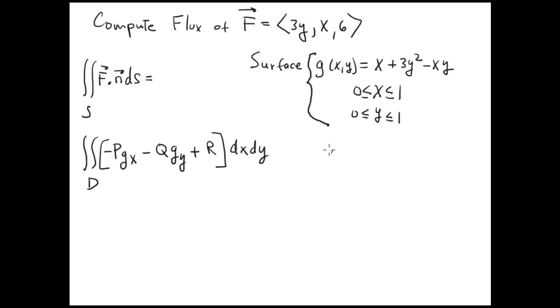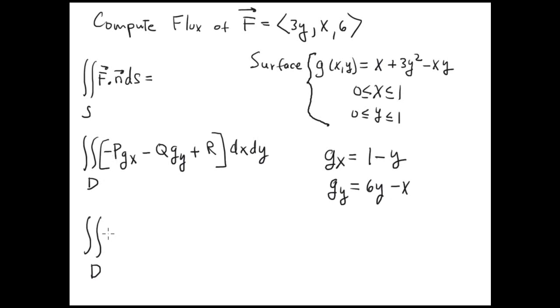Okay, let's go to the surface. On the surface I can find gx, the partial derivative with respect to x, which is 0, and gy, the partial derivative with respect to y, is 6y minus x. Super. Okay, let me set up that part, the integral. So it's the double integral. Let me focus on the integrand function.